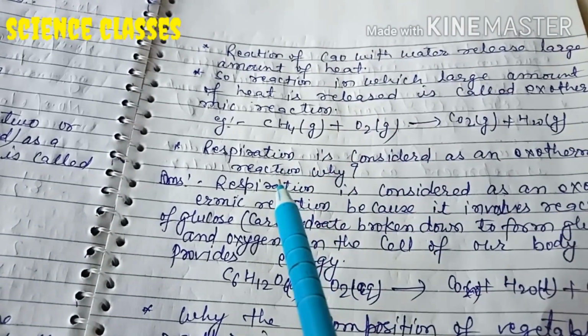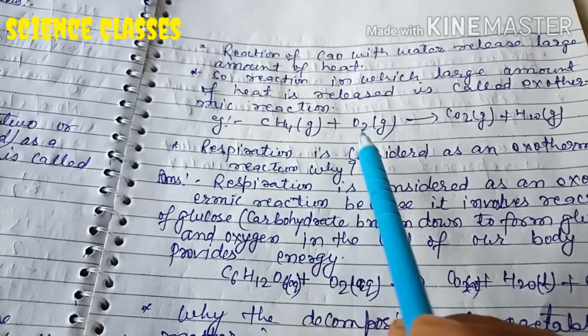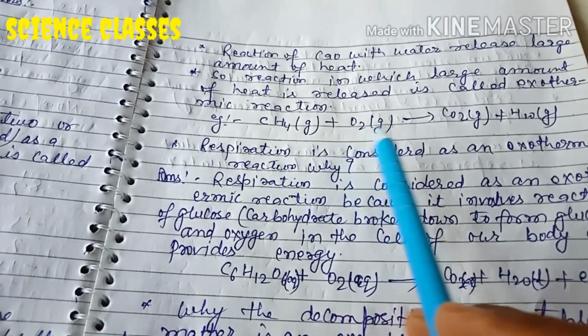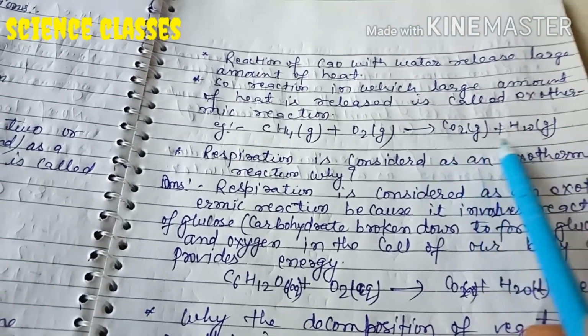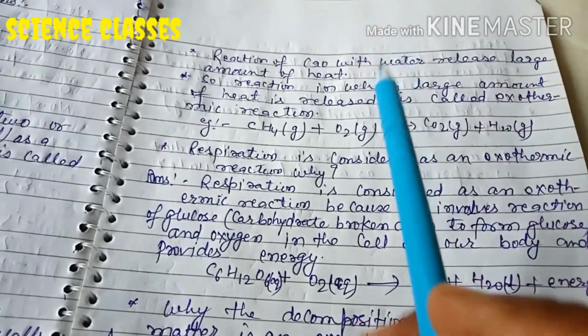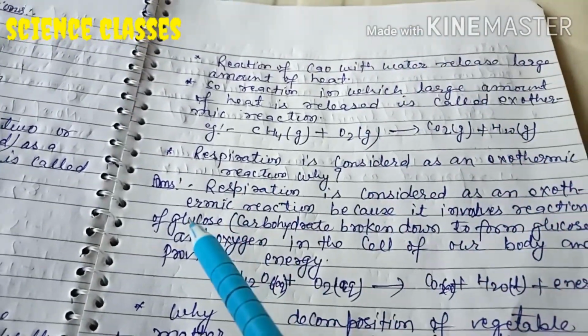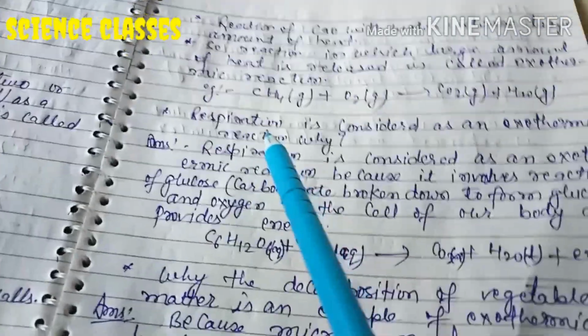One example I have taken here, CH4, methane. Methane in the presence of oxygen will give carbon dioxide and water and also produce heat. So this is an example of an exothermic reaction. One more thing is coming here, about respiration.